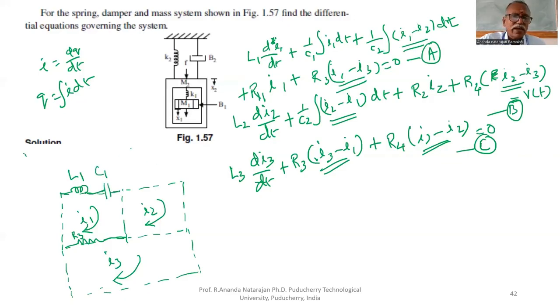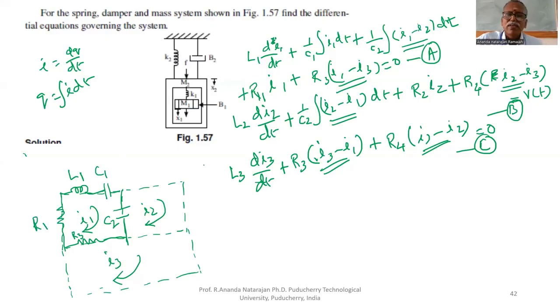C2 is between I1 and I2. R1 is in I1 only. We can put it here. 1, 2, 3, 4, 5.